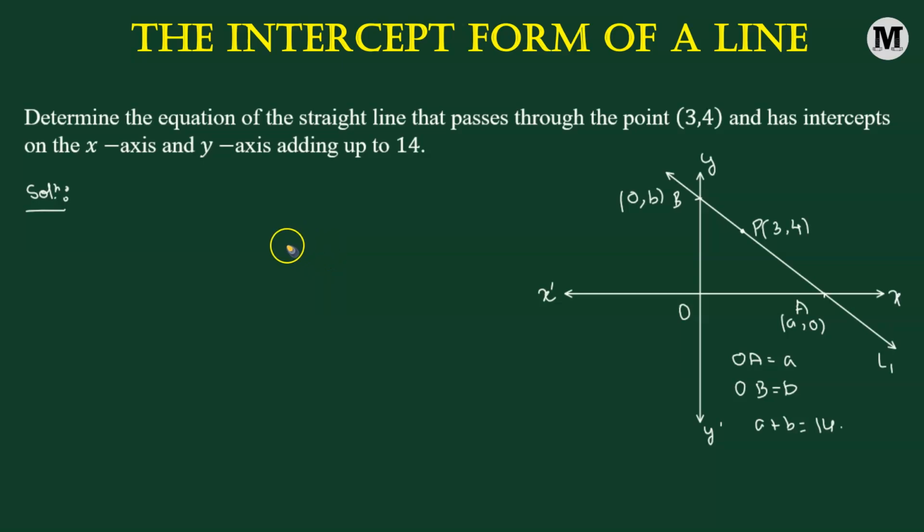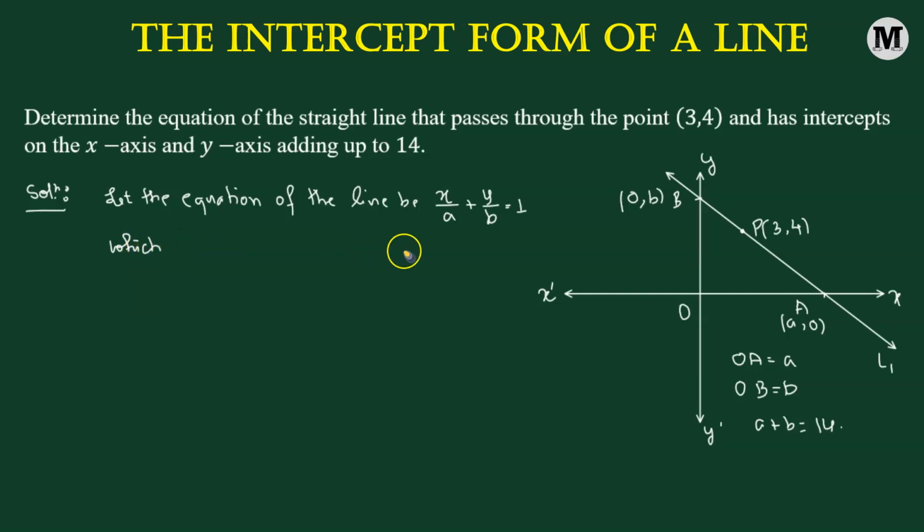Now we'll first try to assume the equation of the line, because our goal is to find the equation of the line. We're going to denote it using the intercept form of the line, which is x over a plus y over b equals 1, which intersects the x-axis at a and the y-axis at b.